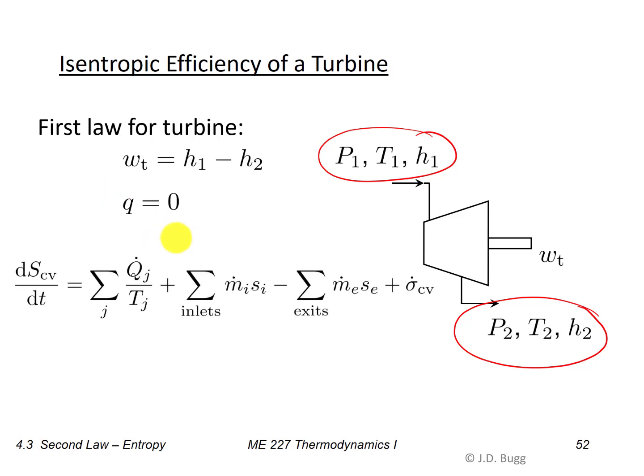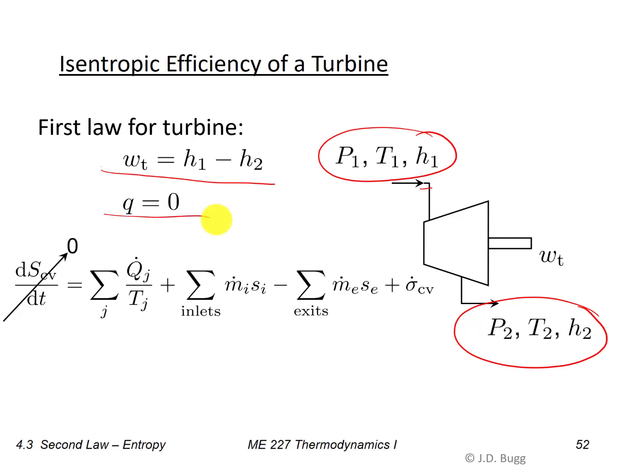Well, if we apply the second law to this same control volume, so we have a control volume around this turbine, then we want to see what it tells us about this situation. First of all, it's a steady state situation. We had to assume steady state to get to this. So ds dt is going to be 0 because it's steady.